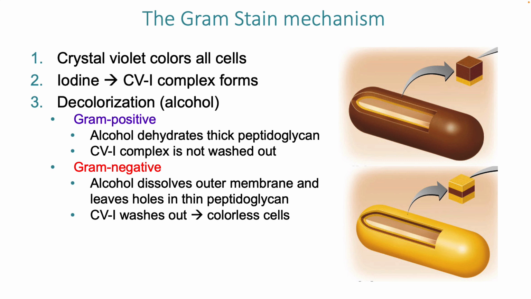And that causes the crystal violet iodine complex to wash away. So at the end of this step, your gram-positive cells will still be purple, but your gram-negative cells should be colorless. And then you apply the counterstain, which is safranin, that will interact with the membrane of the gram-negative cells. So that's the principle of how the anatomy of the cell wall contributes to that type of staining.